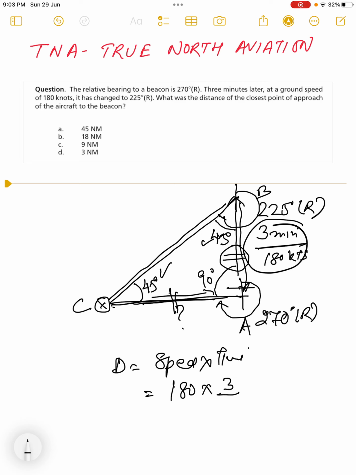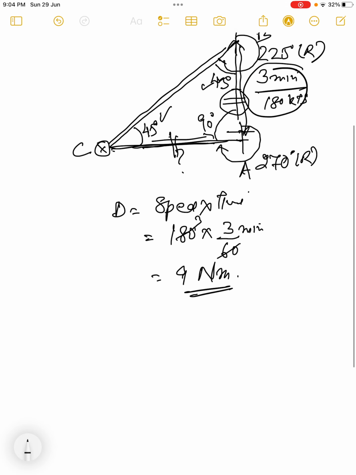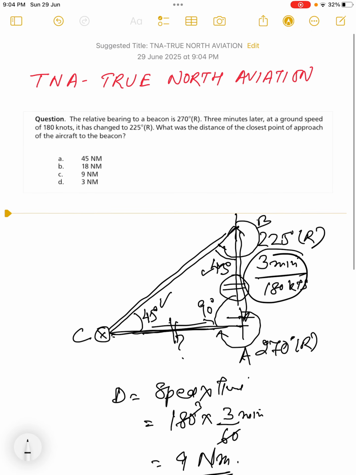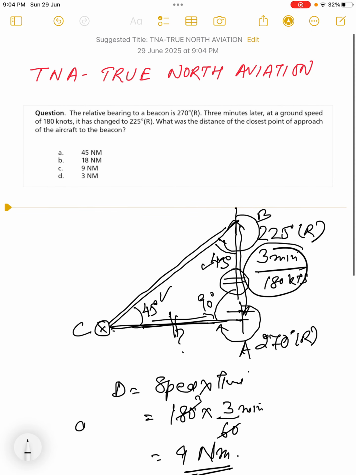You have to convert the 3 minutes into hours, because knots is speed in nautical miles per hour. So 3 minutes converted into hours will come to 9 nautical miles. This is your answer.